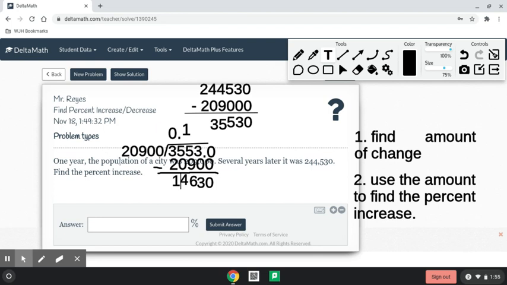Since this giant 20,000 number won't go into 14,000 at all, we need to add another 0. Then it's going to go in.